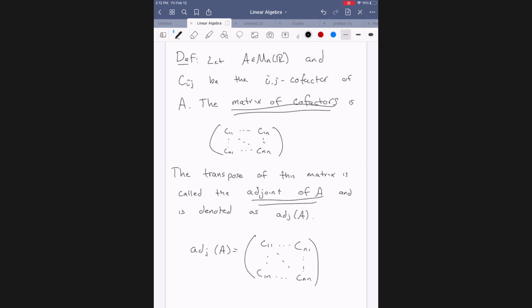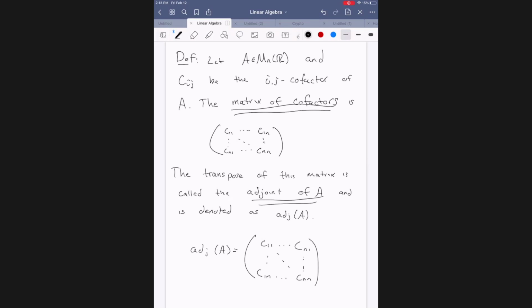So again, I was telling you this stuff isn't useful practically, but for theory it is useful, and we'll see right now how that can be useful. Remember how I gave you the formula for the inverse of a 2 by 2? It was 1 over the determinant of A times that matrix.